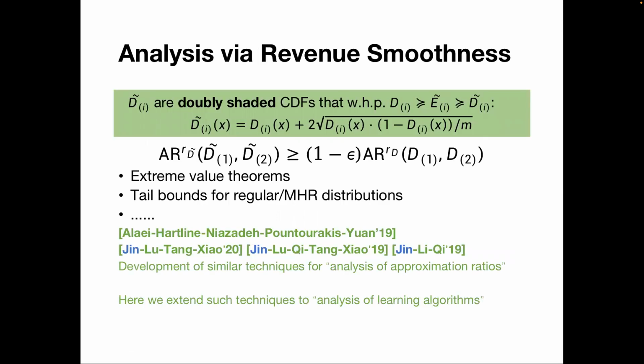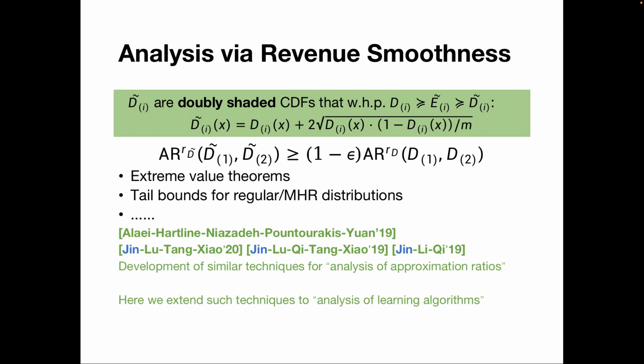So our remaining task is to show that even the optimal revenue from this doubly shaded CDF is close enough to the optimal revenue from the underlying actual value distribution. For this step, we will use a bunch of tools: extreme value theorems and Taylor bounds for regular and MHR distributions.